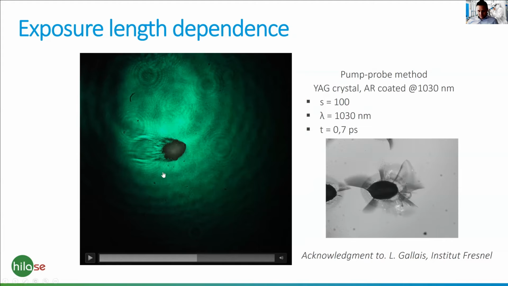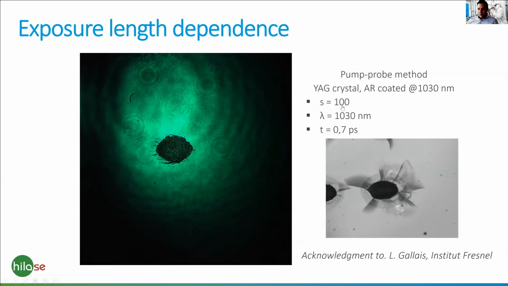And then you end up with catastrophic damage, with crater formation, because the absorption is higher and higher and the light is getting absorbed more and more. So finally, after 100 pulses, you end up with such a big crater.